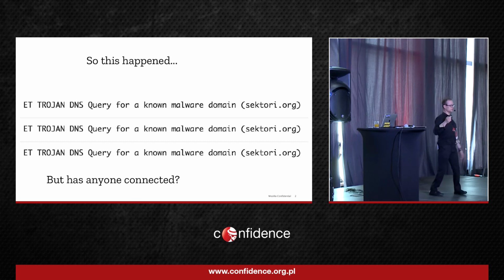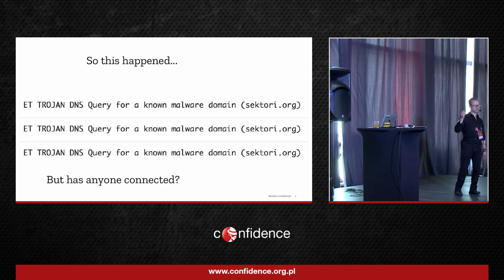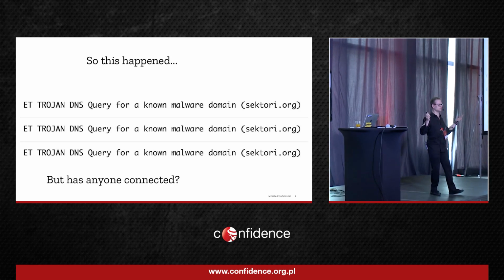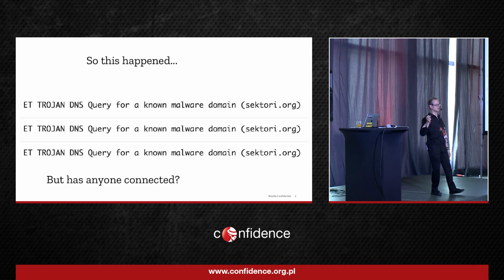What you can see here is some internal systems tried to resolve a bunch of domain names, nothing special about it, but those domain names belong to a known command and control malware server. I'd really like to know why an internal system from a data center suddenly started resolving a known CNC server.